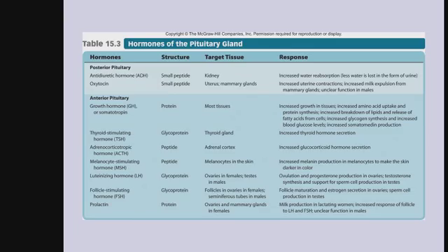Here we see the hormones of the pituitary gland. Those of the posterior only include two, oxytocin and the antidiuretic hormone. We see that they have varying target tissues. The posterior targets the kidney or the uterus and mammary glands. So in the posterior pituitary of males, how many places are targeted?